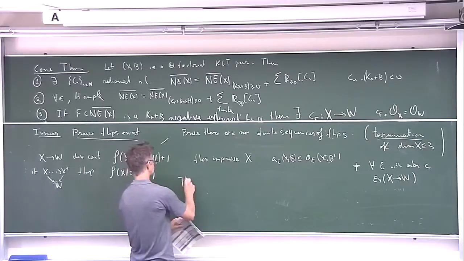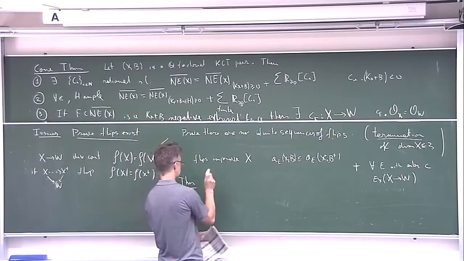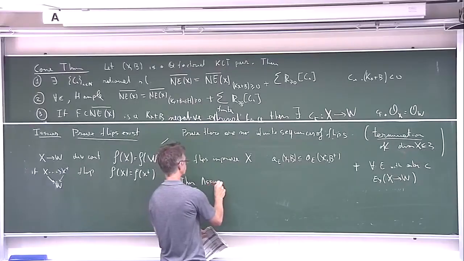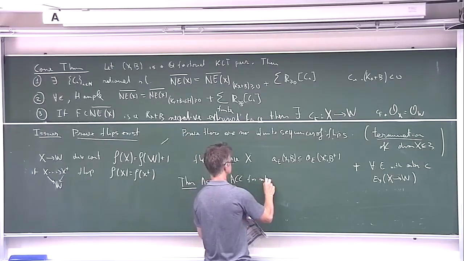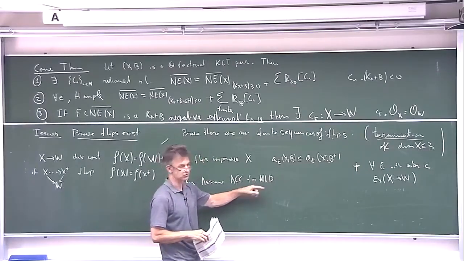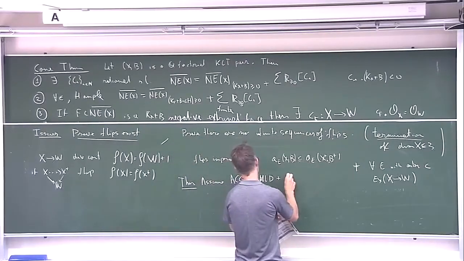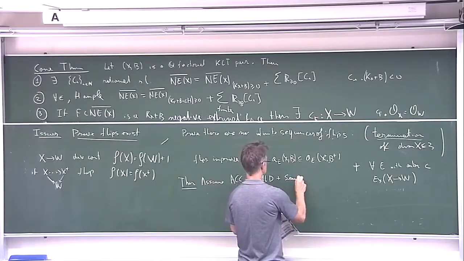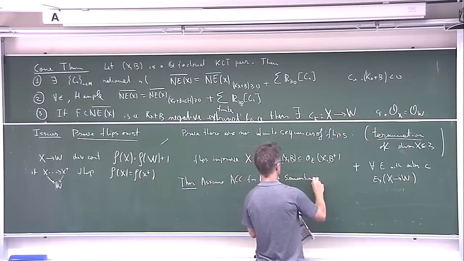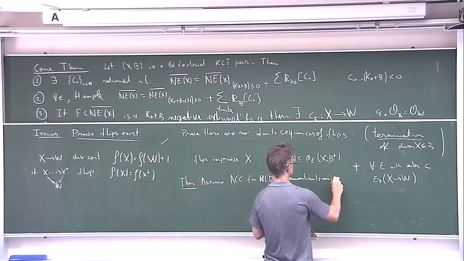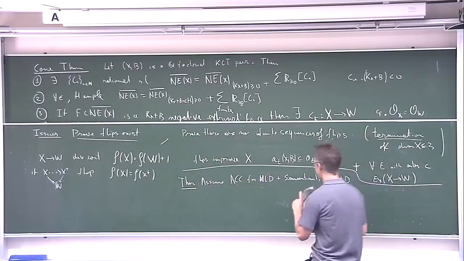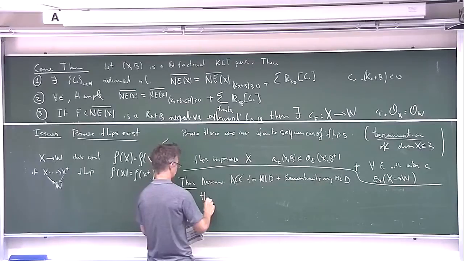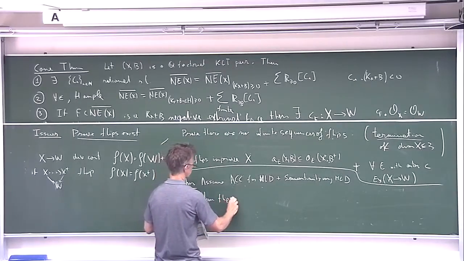There's a theorem of Shokurov that says if you believe his ACC conjecture for minimal log discrepancies, you can ignore the log, just think minimal discrepancies, plus his semi-continuity conjecture for minimal log discrepancies. So if you assume these two very natural but very bold conjectures, then flips terminate.